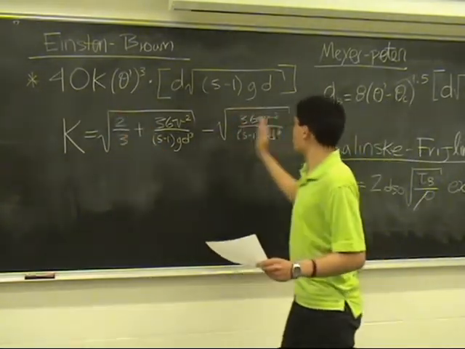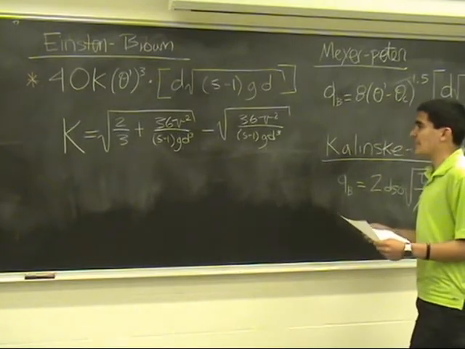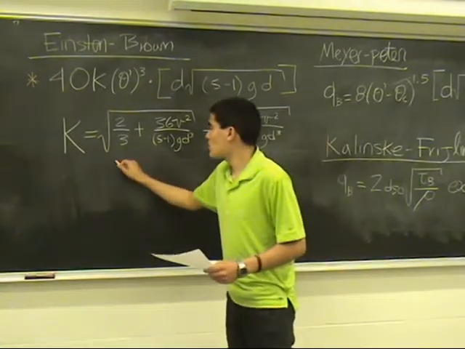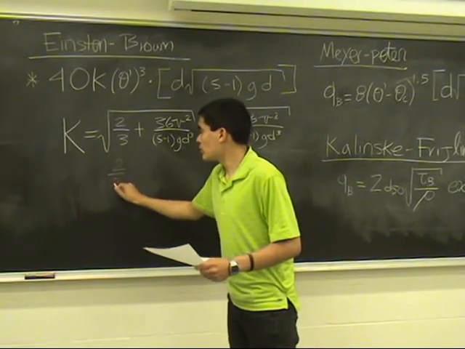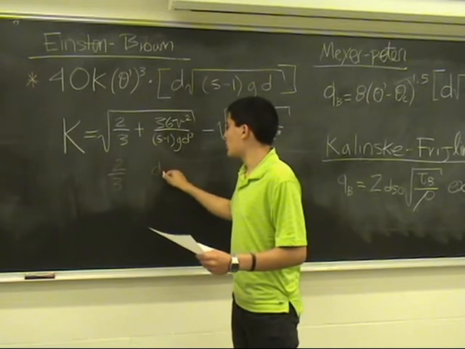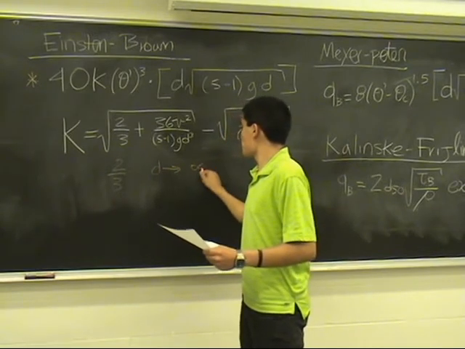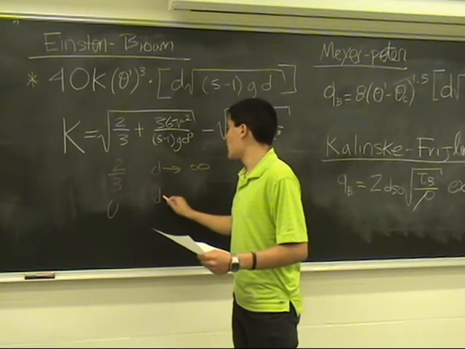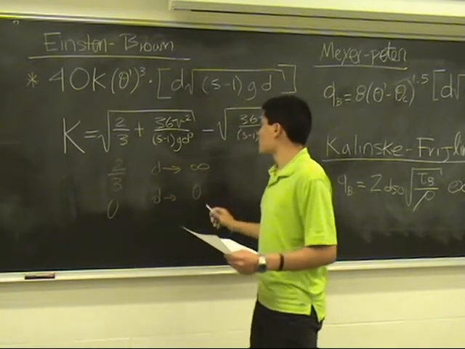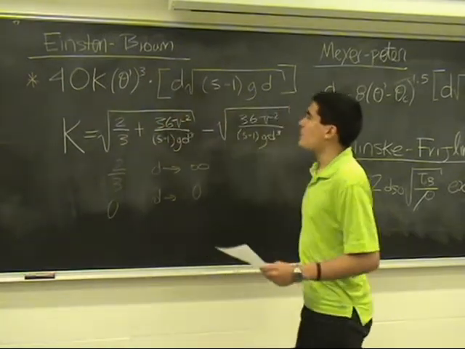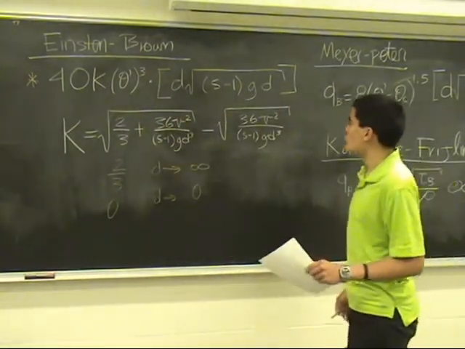They came with this crazy way to define K. It results that it has a maximum value of 2/3 as the diameter goes to infinity, or it goes to 0 as the diameter goes to 0. So basically, the smaller the diameter, the smaller the bed load transport.